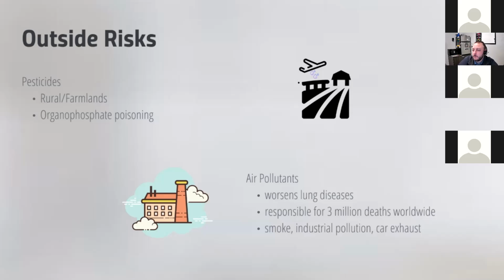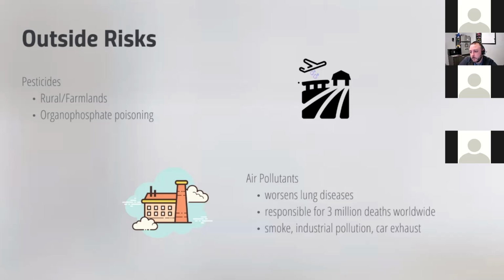So, back to outside risks, especially in rural and farmland areas, is pesticides. When you've got those planes flying overhead, those crop dusters spraying, just be cognizant that it can aggravate or cause more respiratory issues for some of your COPD or asthma patients. So make the patients aware that if they see a crop duster around their area, they should shut all the windows, stay indoors for the day, and not go out and venture around.